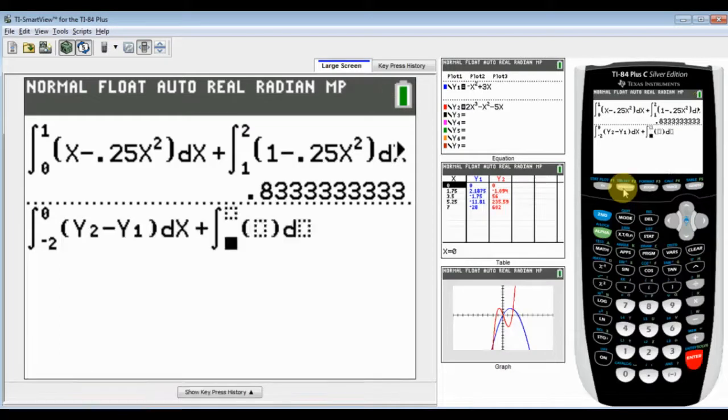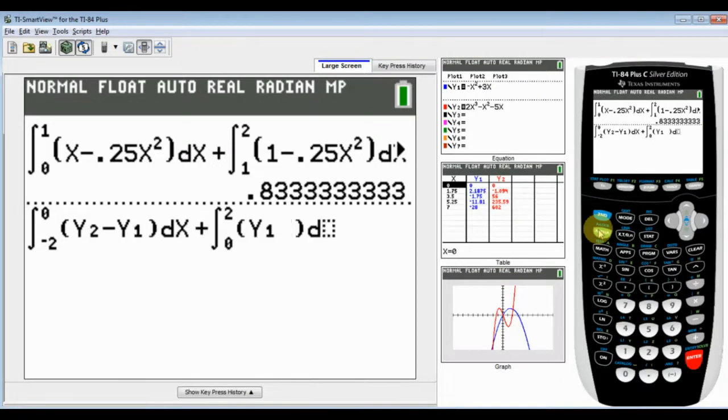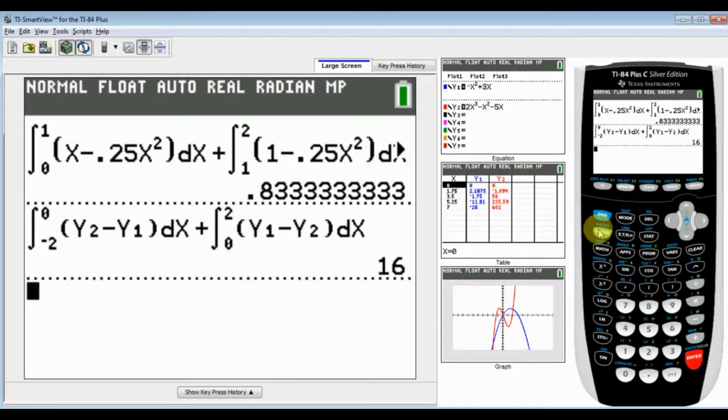Gotcha. Integrate then again from 0 to 2. y1 minus y2 dx. Because it's a calculator section, that's fine. 16 sounds like a reasonable estimate.